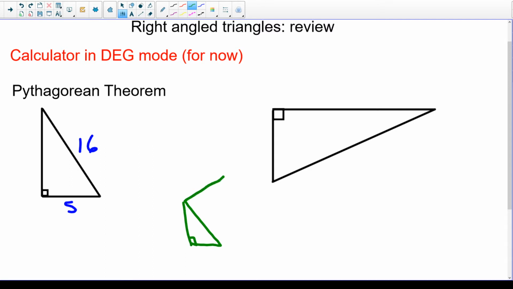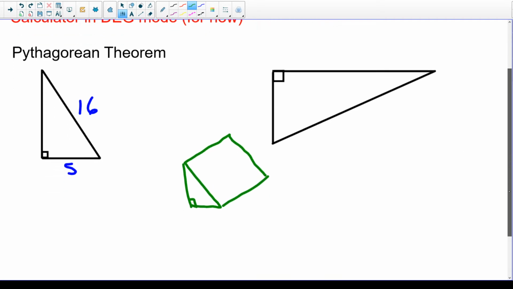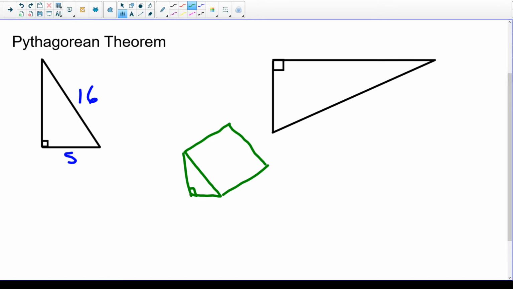If you take a square and draw it along this side of a right angle triangle, and you take another square and draw it along this side of a right angle triangle, and you take another square and do the same thing on the third side, those are all supposed to be squares.